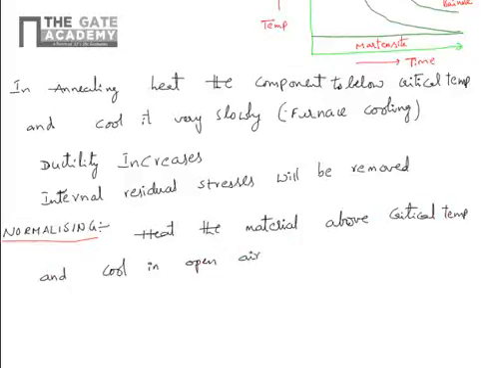Instead of furnace cooling, we cool here in open air. The structure you will get is austenite to fine pearlite. If you heat above critical temperature, austenite will form first, and while cooling, the austenite to fine pearlite structure will form.